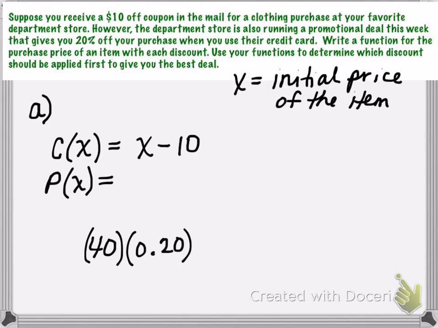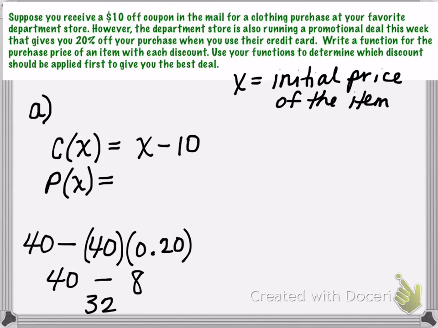But remember, that's not the actual price of the item. That's the amount of your discount, which ends up being $8. So really, we'd have to take the initial price of our item and subtract that value to figure out our new price. That means 40 minus 40 times 0.2.